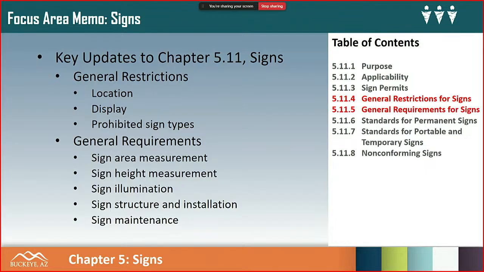All the standards for sign illumination are included in this section. Sign structure and installation is essentially minimal standards, but a cross-reference to your building code, where the building official has to make sure that the structure meets any code requirements, and that's some provision for maintenance of the sign in the long term. Next slide, please.